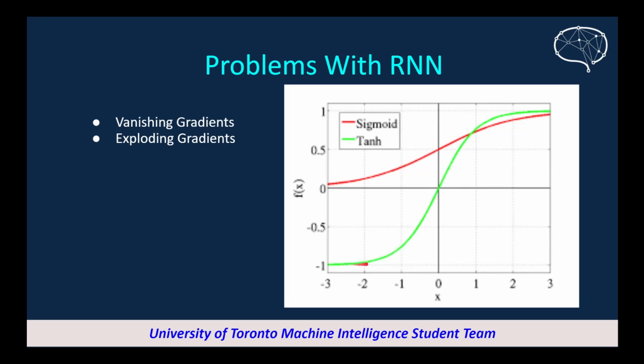So for example, at the points here, or even far here, the slope is almost 0. And at the point here, when x equals 0, the slope is the steepest. So we know the gradient is 0 here, and the gradient is very large here.